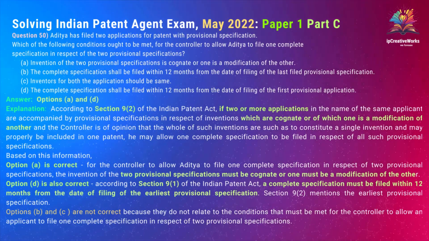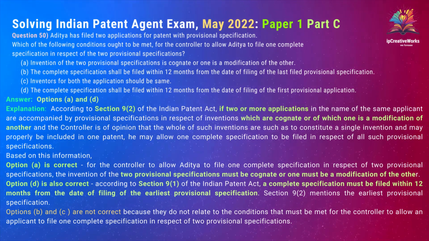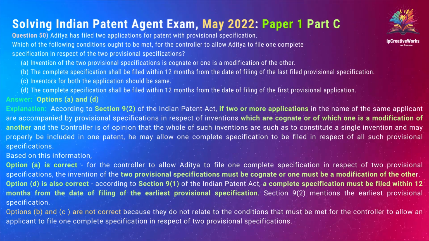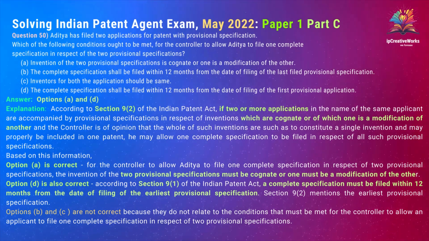Question 50. Aditya has filed 2 applications for patent with provisional specification. Which of the following conditions ought to be met for the controller to allow Aditya to file one complete specification in respect of the 2 provisional specifications? A. Invention of the 2 provisional specifications is cognate or one is a modification of the other.